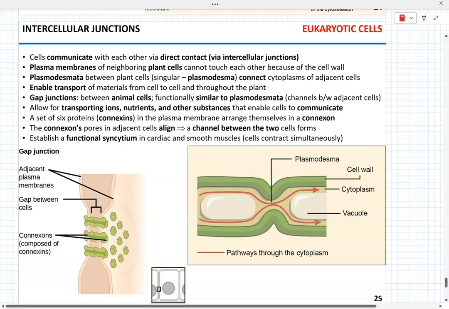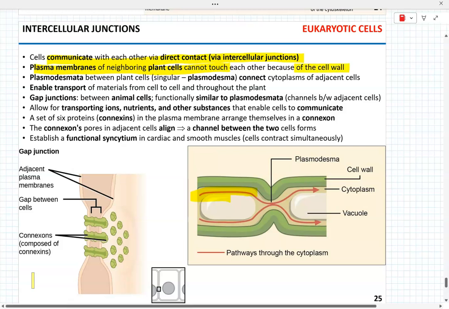Cells often need to communicate, and they can communicate with each other, often via direct contact, through the intercellular junctions. In plant cells, plasma membranes generally cannot touch each other because they are surrounded by the rigid cell wall.